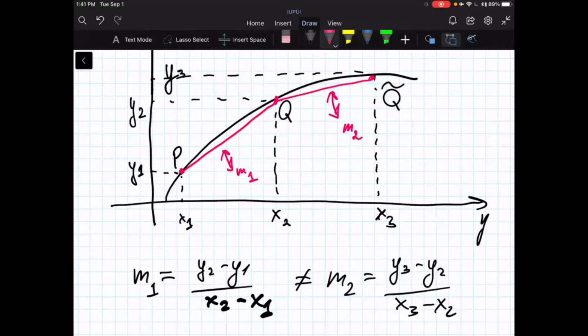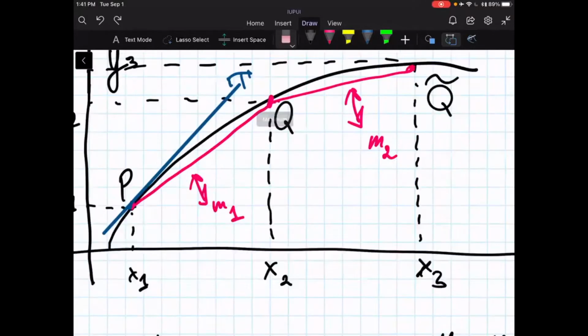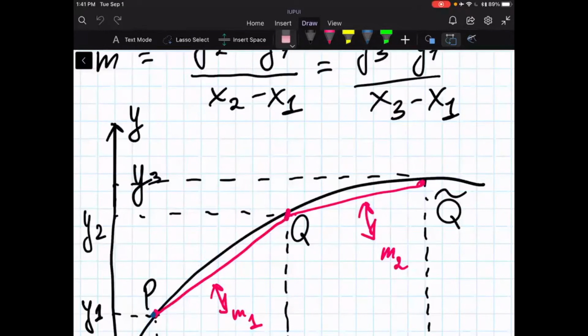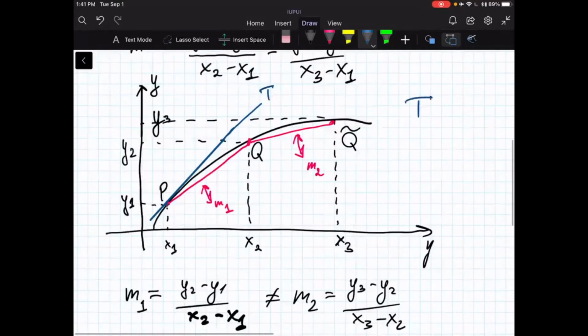Say the tangent line that goes through the point P is the line that touches our curve only at point P. Let's call it T. So T corresponds to what is called the tangent line.